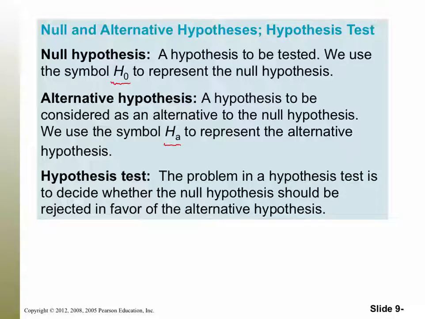And so a hypothesis test is deciding whether the null hypothesis should be rejected in favor of an alternate hypothesis. And this is kind of interesting because it's kind of not what you expect.